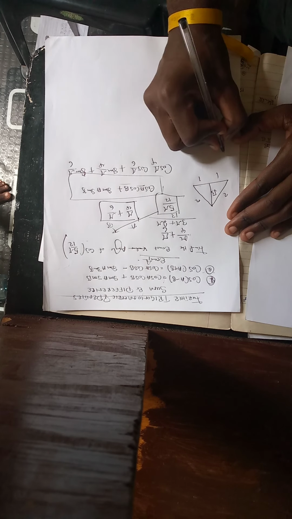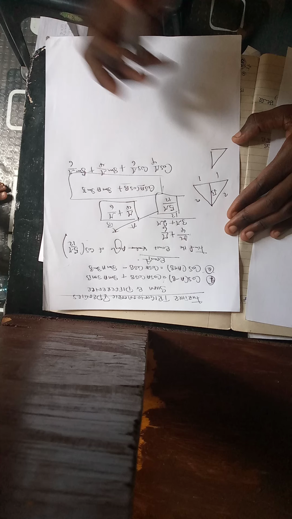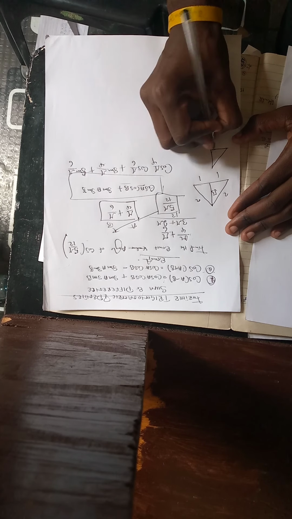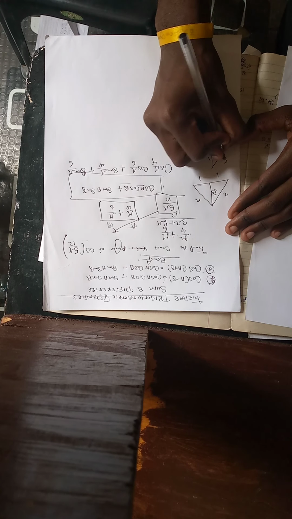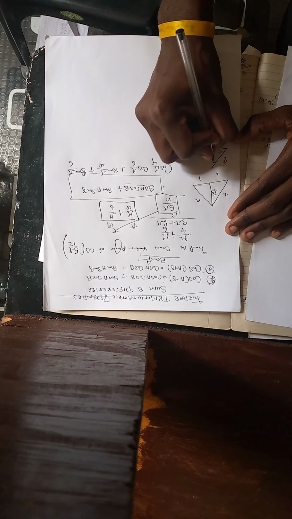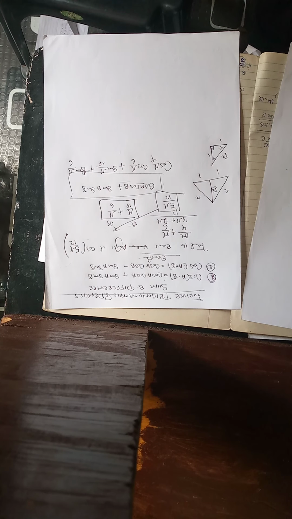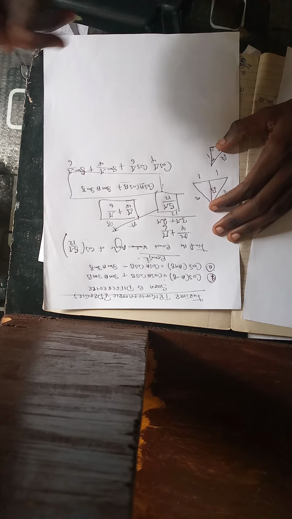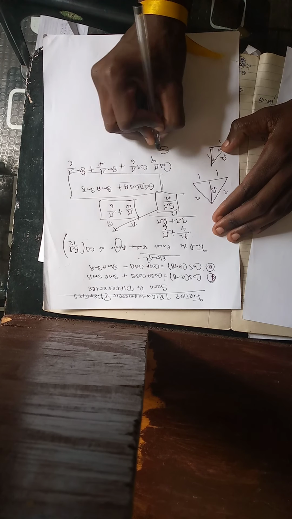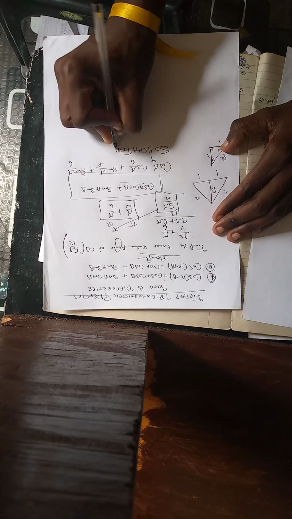And then we also have a 45-45-90 triangle. Here we have 1, 1, and then here we have root of 2. This is 45 degrees, 45 degrees, and here is 90 degrees. So looking at that, we have cosine and sine, so we have to use what we call SOHCAHTOA.